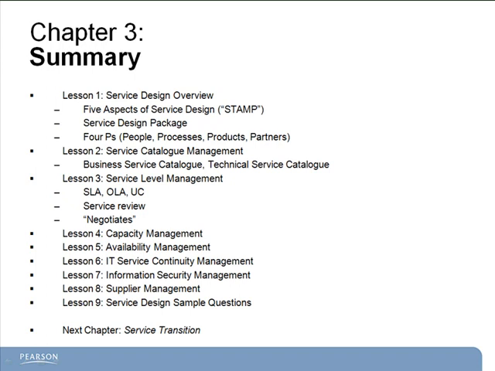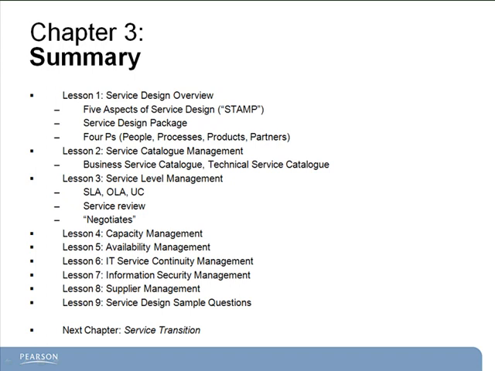Lesson 6 discussed the IT Service Continuity Management process, which is our fancy way of saying disaster recovery, and it gets its direction from the business process called Business Continuity Management. Lesson 7 described Information Security Management, and the 3 key vocabulary terms, confidentiality, integrity, and availability, can be memorized as CIA, because when we think about security, we think about the CIA.